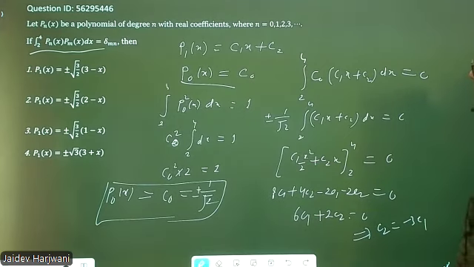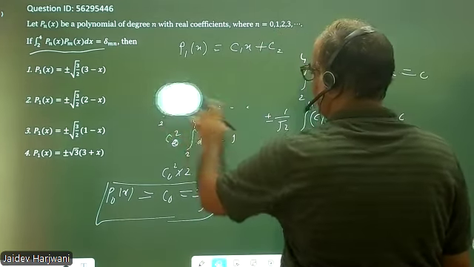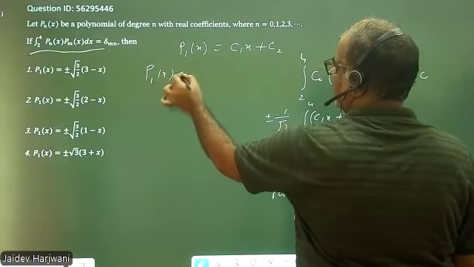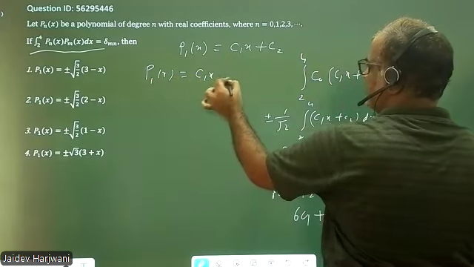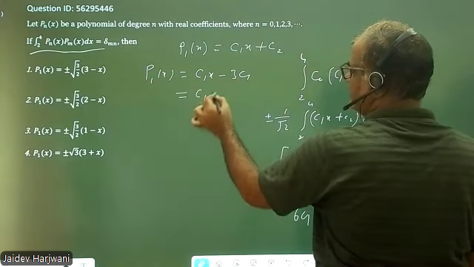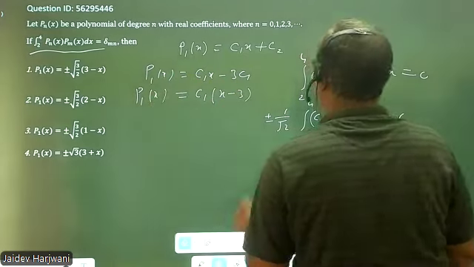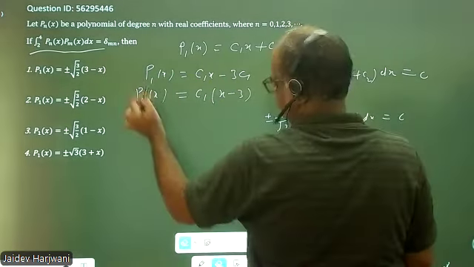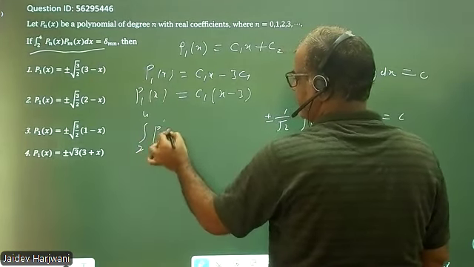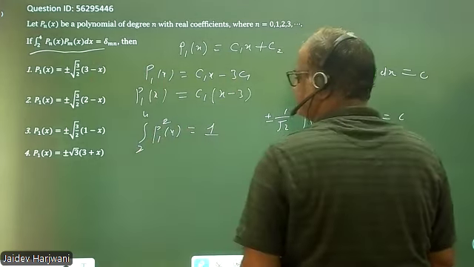Okay. So I got only one constant here, and I can normalize this P1, and I can find the expression for P1. Now my P1(x) becomes C1x plus C2, and C2 is minus 3 C1. So this becomes C1 times (x minus 3). This is my P1(x). And now just normalize this P1 using this condition: the integral from 2 to 4 of P1 squared (x) dx should be equal to 1.